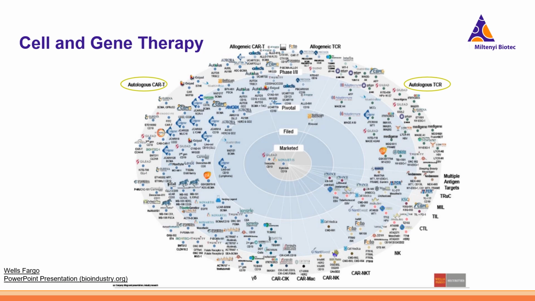So if we look at the adoptive cell and gene therapy pipeline, it is very obvious that most approaches that are out there, and also those that made it furthest, as shown here in the middle for the marketed approaches, are those using autologous T cells, which are engineered either with a CAR construct or, for example, with TCRs.